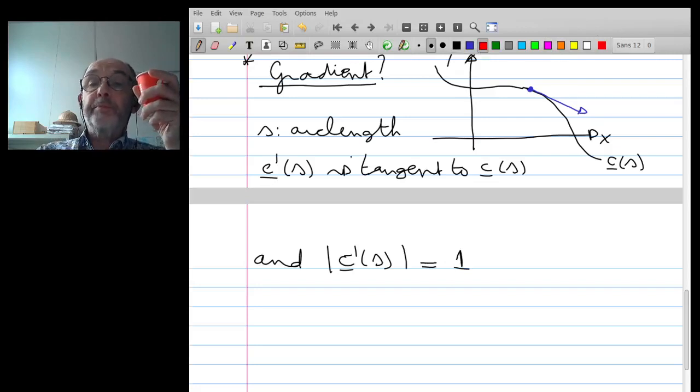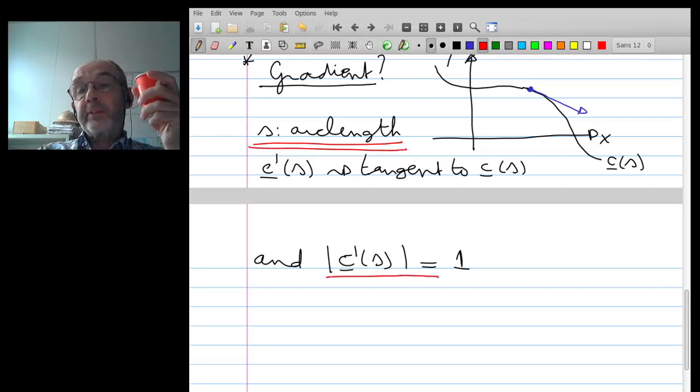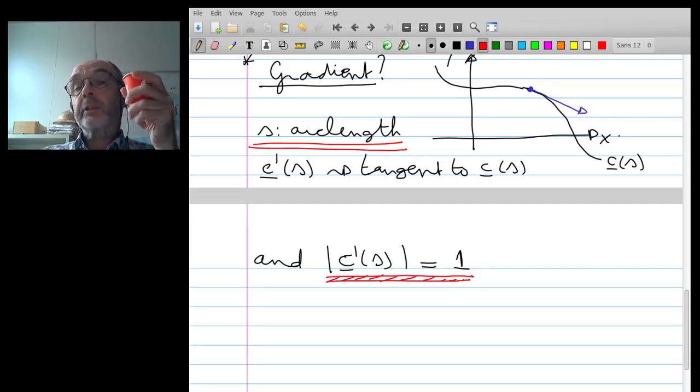So you parameterize by the arc length, and if you do so, then the velocity vector, the tangent vector along the curve, always has length 1.